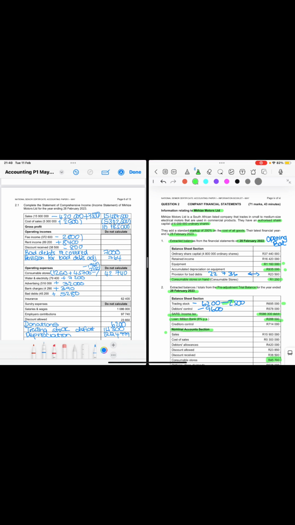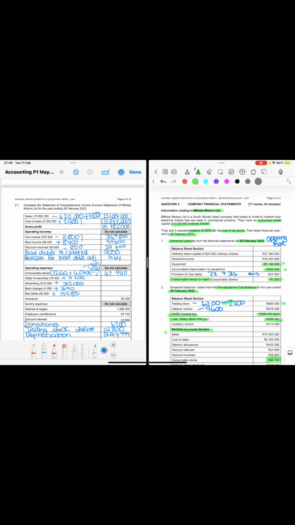And then for fee income, it will be the 372,600 minus the 2,800, which will give us 369,800. Rent income, 89,200 plus the 8,400, which will give us 97,600. And for discount received, that will be 38,500 minus 800, which will give us 37,700.